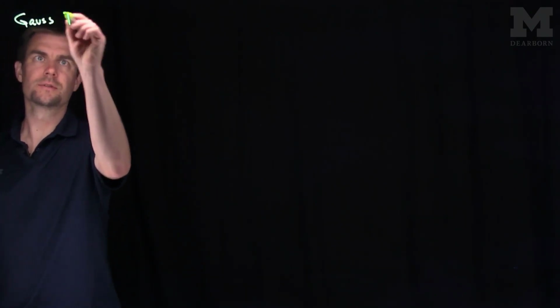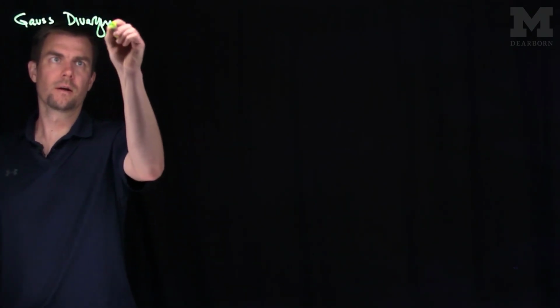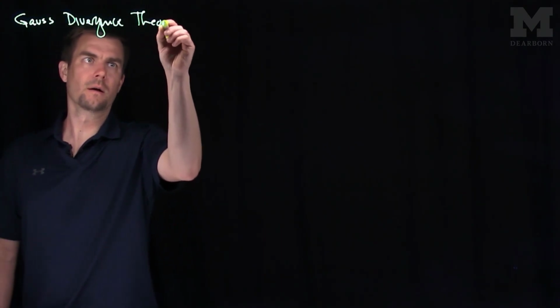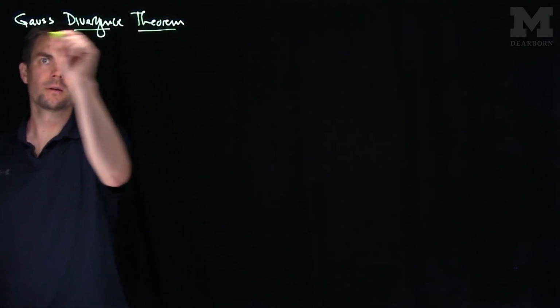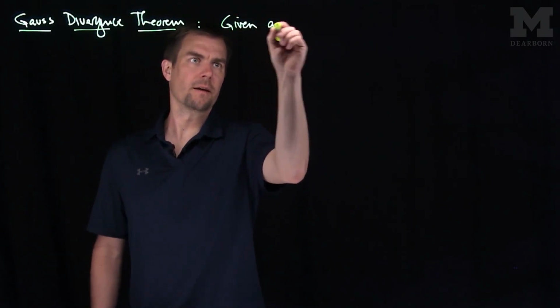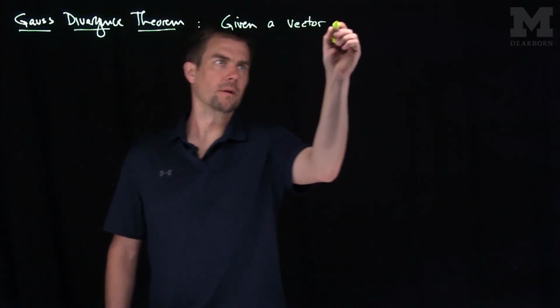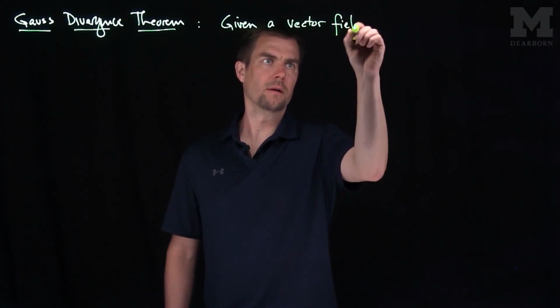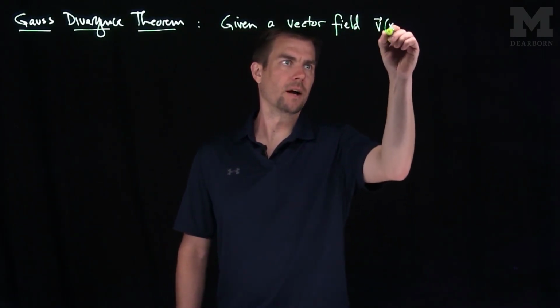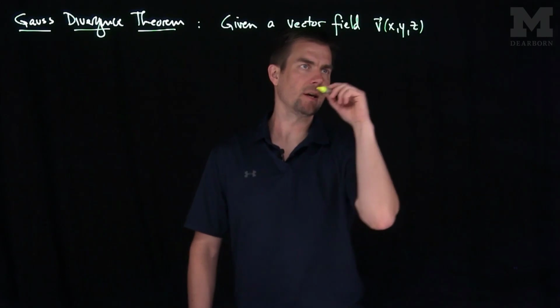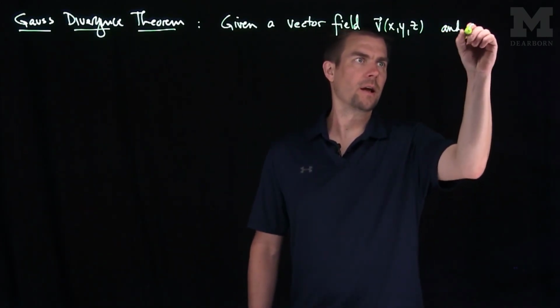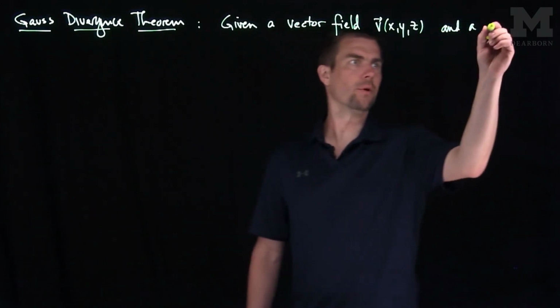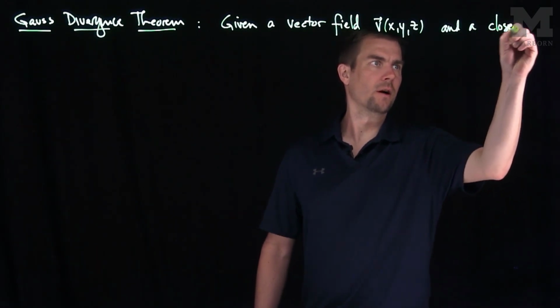The Gauss Divergence Theorem states the following. Given a vector field V of x, y, and z, and a closed surface, this is important, a key feature of the Gauss divergence theorem.